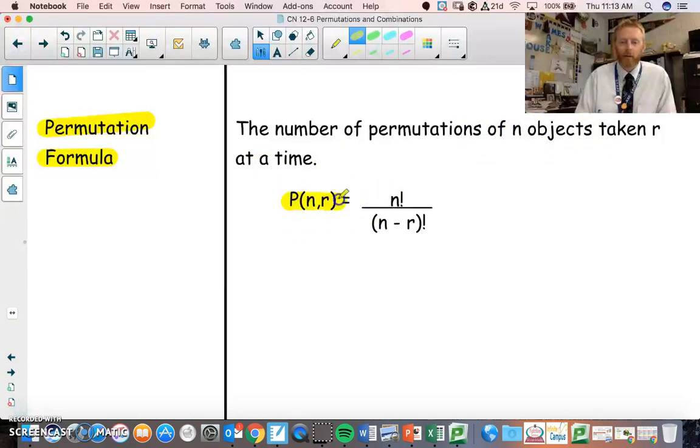So this is the formula that you're going to want to write down. It's n factorial divided by n minus r factorial. So n is the number of things that we're choosing from, and then r would be the number of things that we actually use. So if you're looking for your locker combination, there's probably, I think, 50 numbers that you can choose from, and there's only 3 of them that you're going to have. So n would be 50, and r would be 3 in that case.